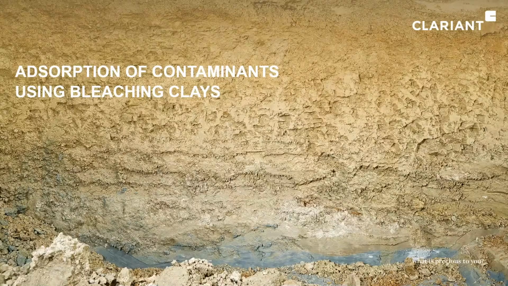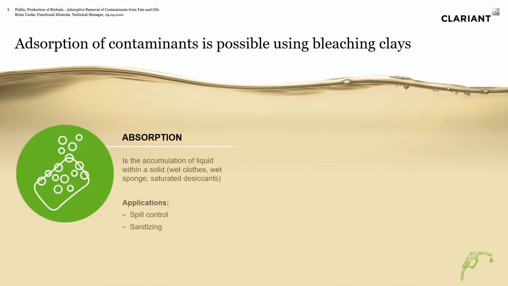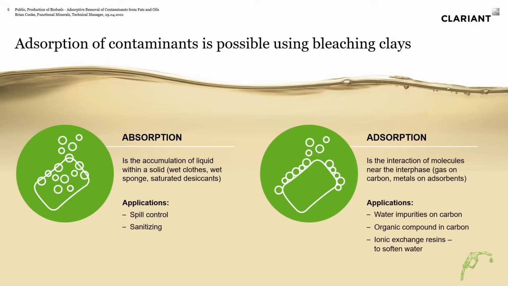So now we're going to talk about the adsorption of contaminants and a little bit about bleaching clays. To start with here, we need to understand the difference between absorption and adsorption. Absorption is just the accumulation of the liquid within a solution, whereas with adsorption, you're actually selectively removing contaminants.